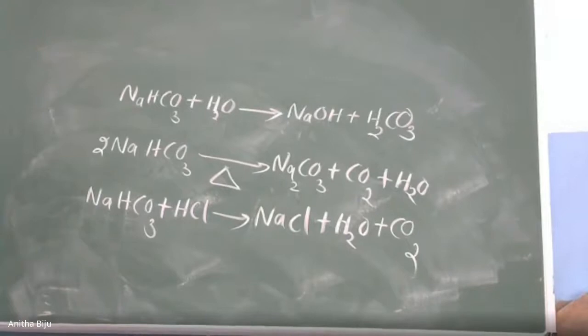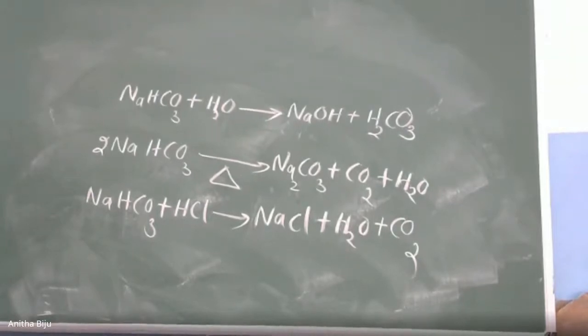Got it? Now, the next topic is: what are the uses of baking soda? First use you can write: it is used as an antacid. Suppose we have an acidity problem at home. The immediate home remedy is to take a glass of water, add 1 spoonful of baking soda, dissolve it completely and drink it.